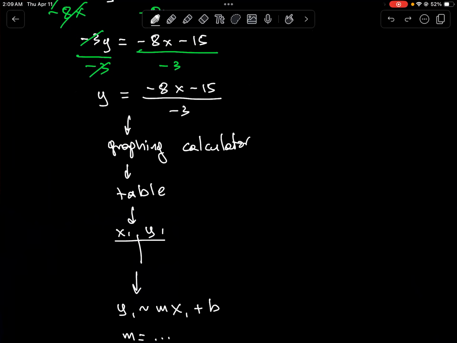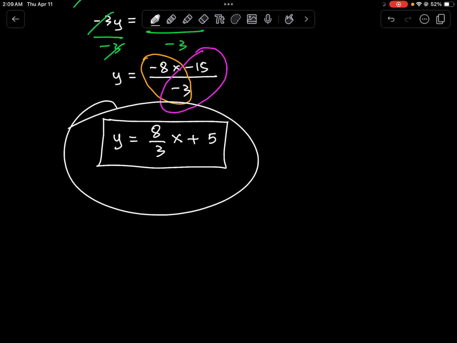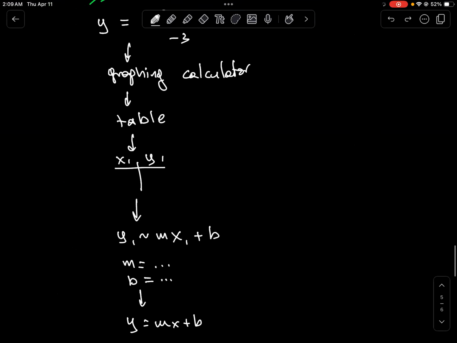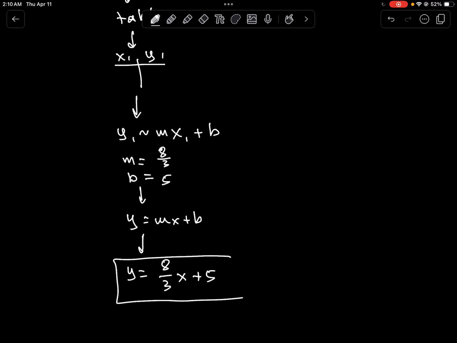If I compare with what I found here, it's again the same, 8 over 3x plus 5. And my form here is first let's write that slope was 8 over 3, b is 5, so I get that y equals 8 over 3x plus 5, and that would be my answer.